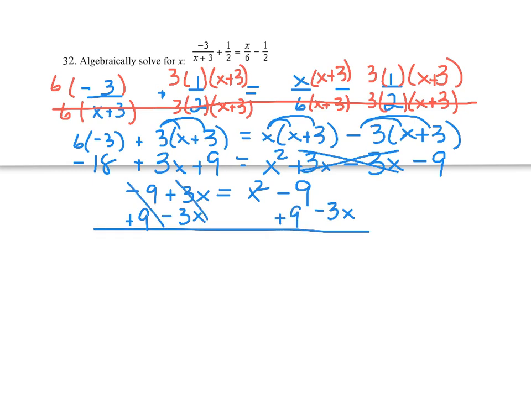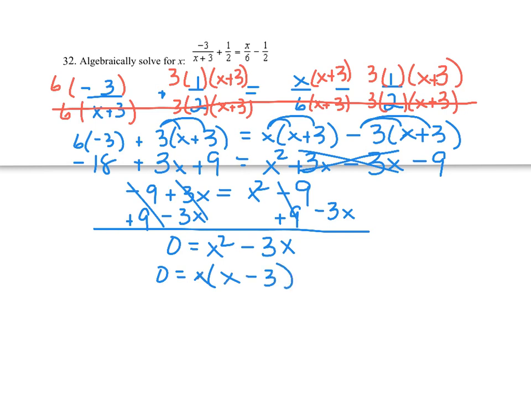So my left side disappears, and I have 0 equals x squared. My 9's disappear, minus 3x. And there I go. All right, well, I notice that there's a GCF of an x. So let me take that x out, and I'm left with x minus 3.